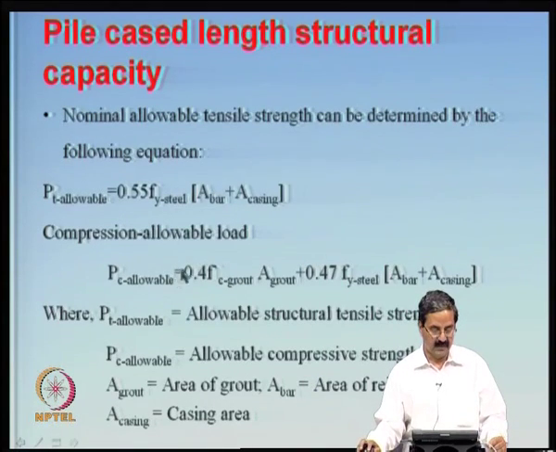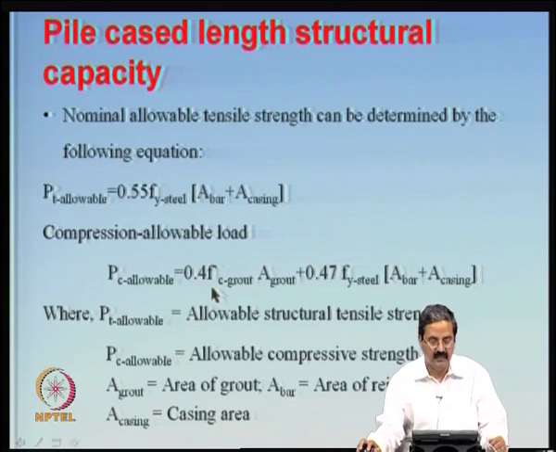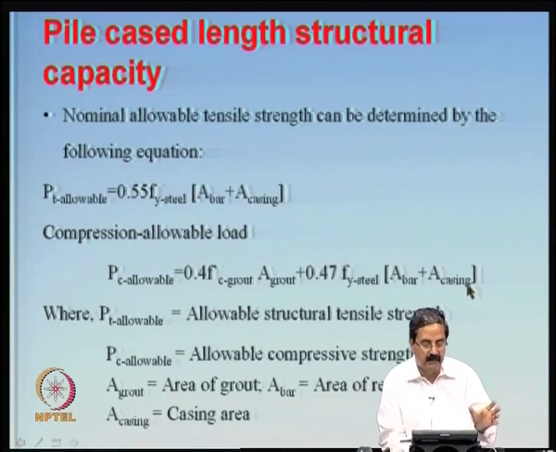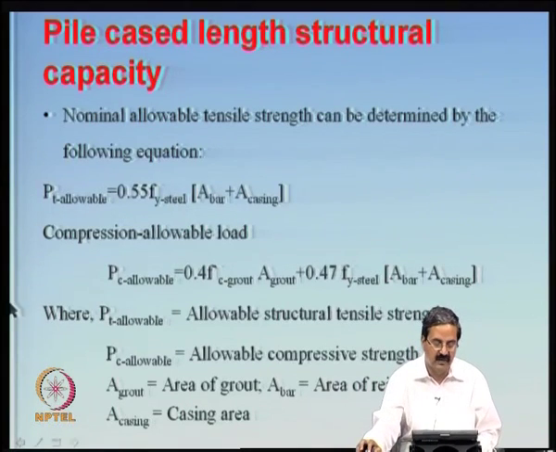In the case of compression we have 0.4 into fc grout into area of the grout, plus 0.47 Fy steel into area of the bar plus area of the casing. So we are trying to divide the compressive load that one can take.